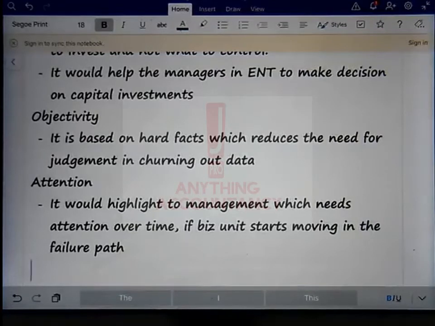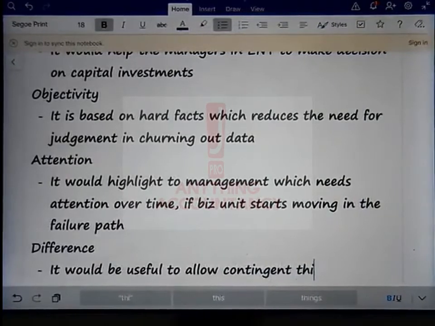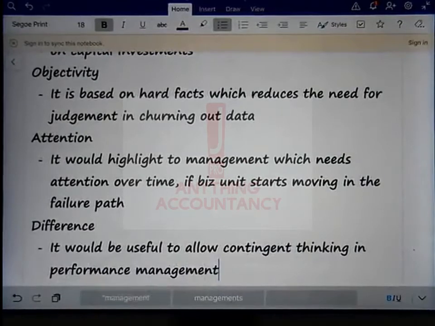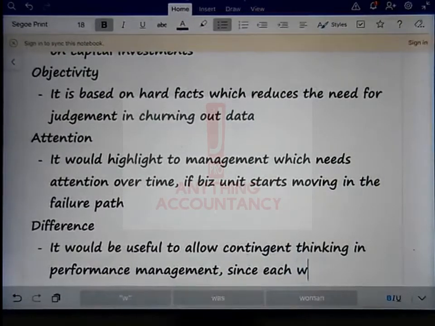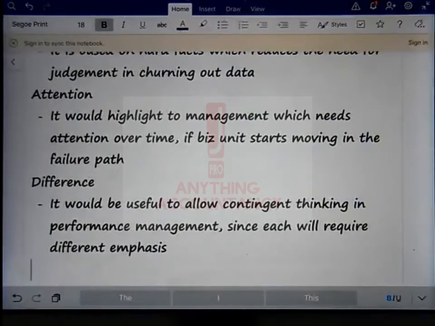Are we okay? Last one, of course, is going to be useful as to allow contingent thinking. You know this contingent thinking, right? The way to think contingently.